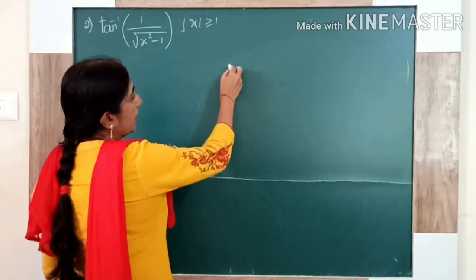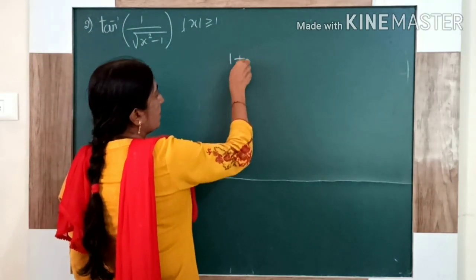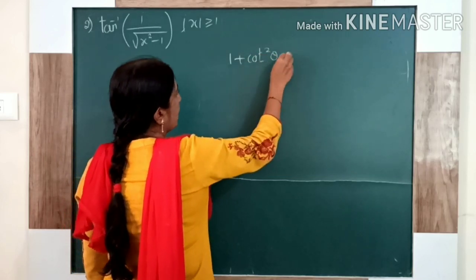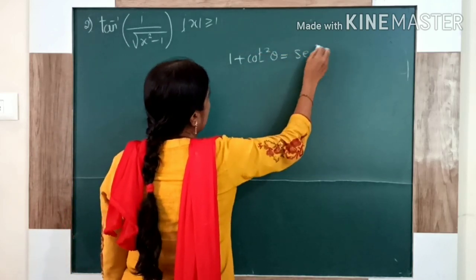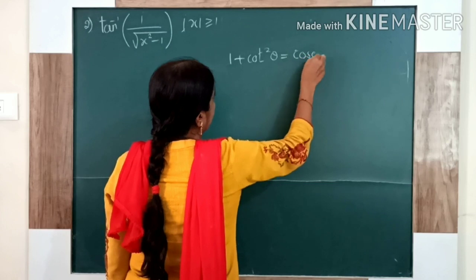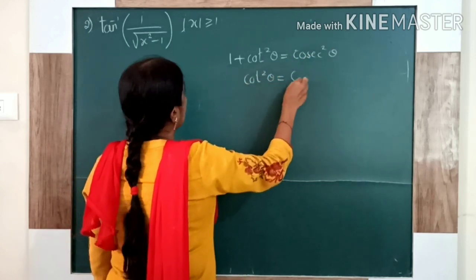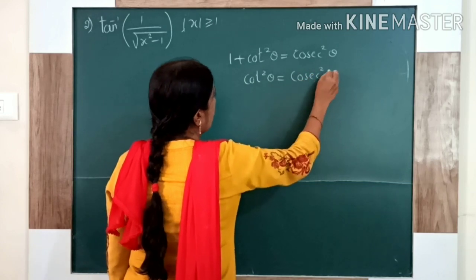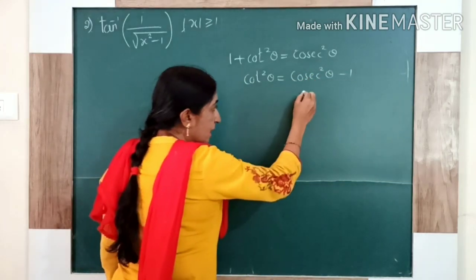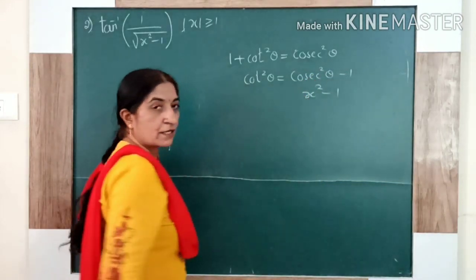Then what is the formula related with cot? 1 plus cot square theta is cosecant square theta. Then what is cot square theta? Cosecant square theta minus 1. See, is it in the form of x square minus 1?